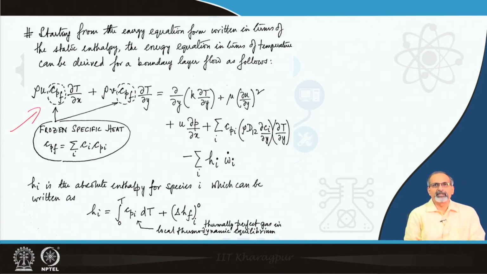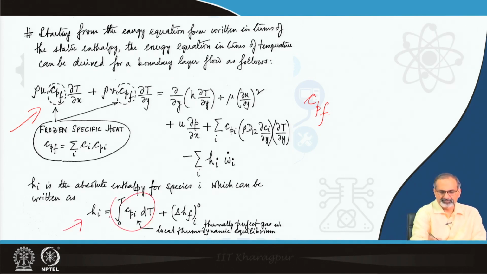We are not going through the derivations in detail, but looking at the final forms. You see a CPF term coming up over here, which is the frozen specific heat, and you can go back a few lectures where we had briefly discussed about it. Hi is the absolute enthalpy for species i, which can be written like this.